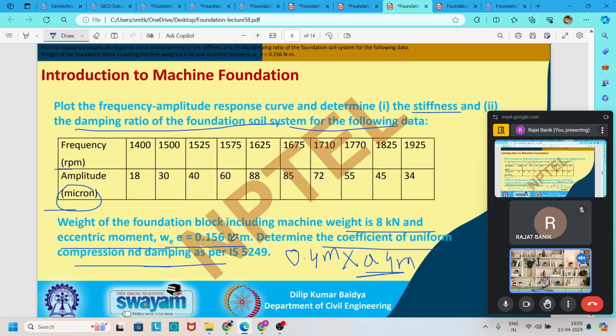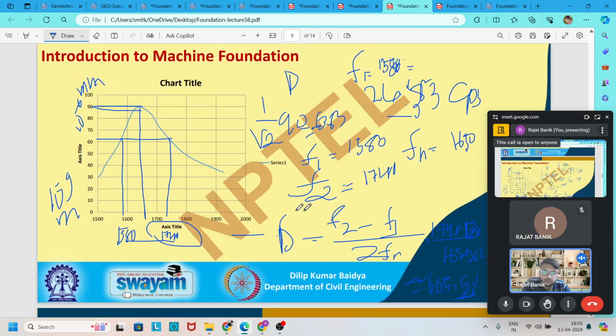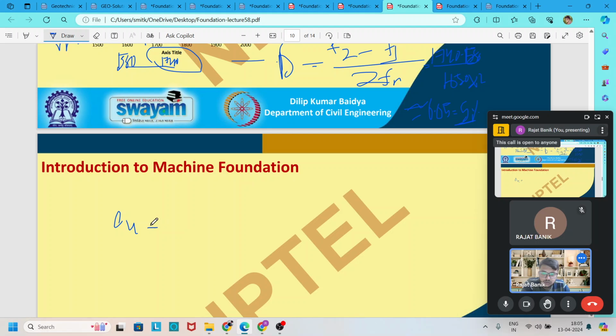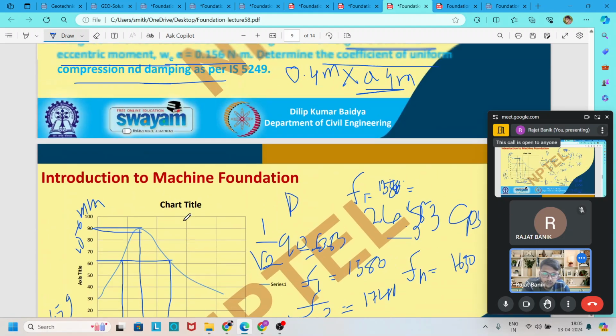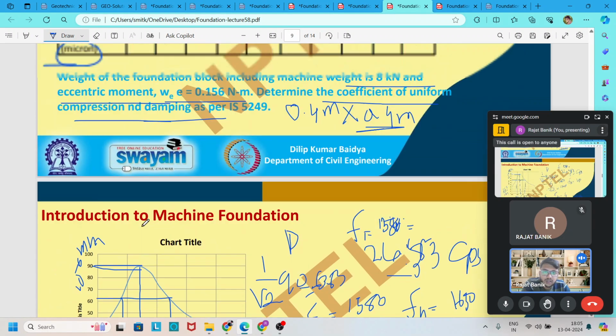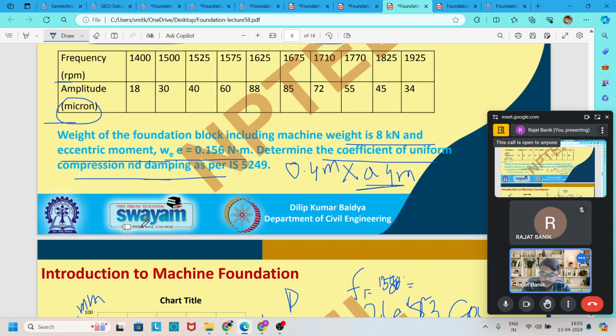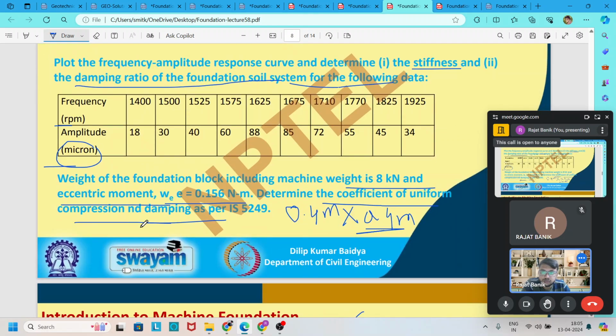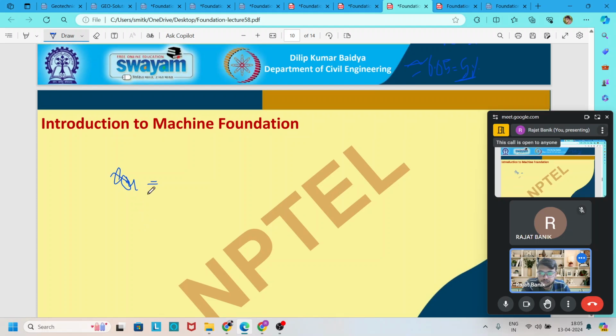Then in the question it is said that we have to find the stiffness of the system. First, we know that Cu, or K, is equal to, first find the coefficient of uniform compression, 4 pi square Fn square into m divided by A. For stiffness, A is not required.